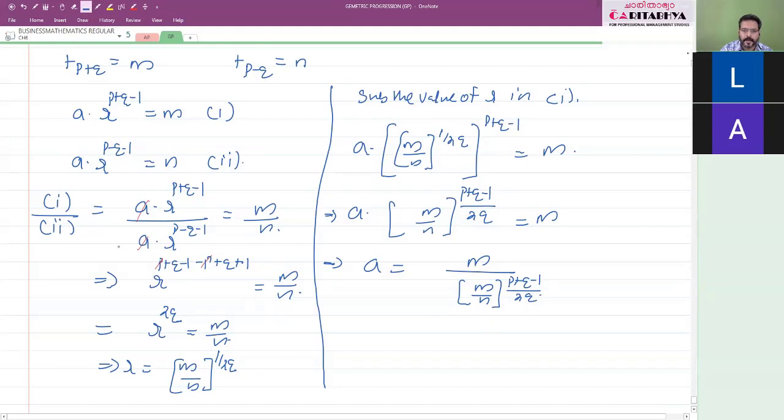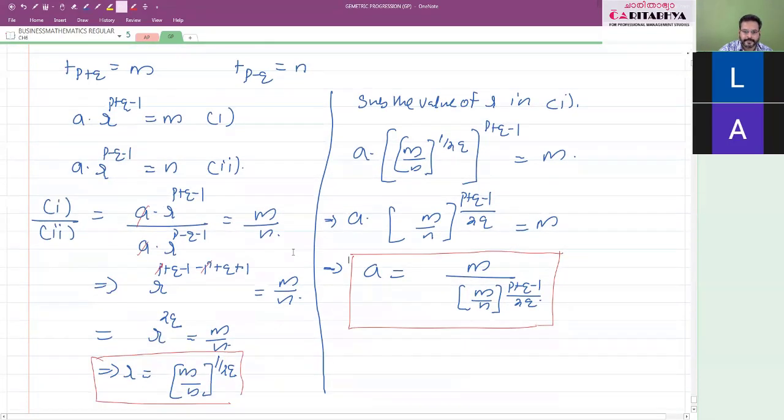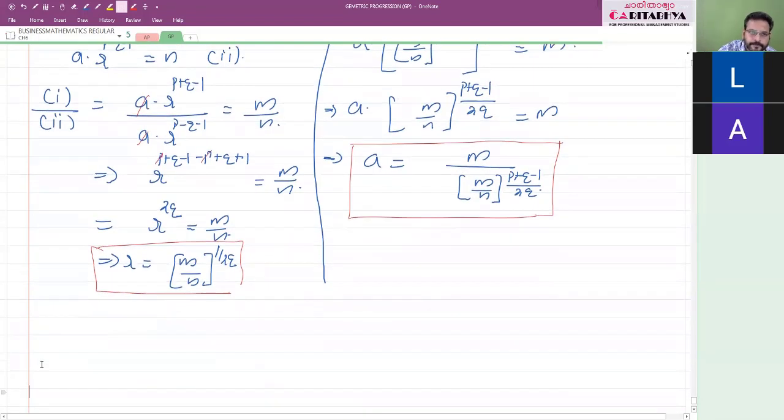Okay. So we got the value of r and the value of a. What do we need to find? The pth term, tp. So tp is equal to a into r raised to p minus 1.